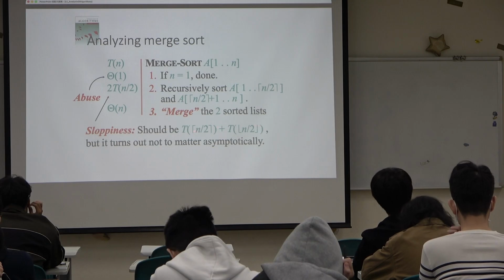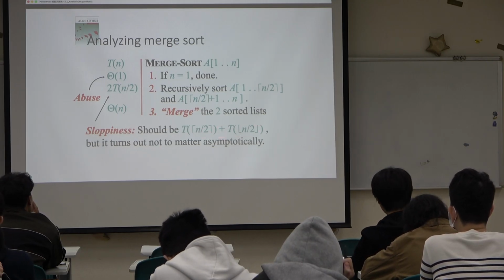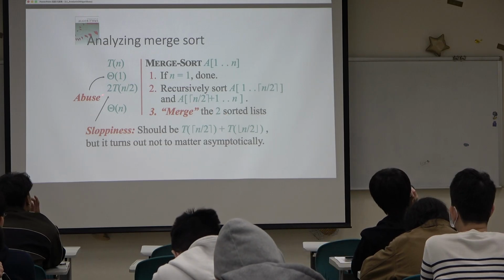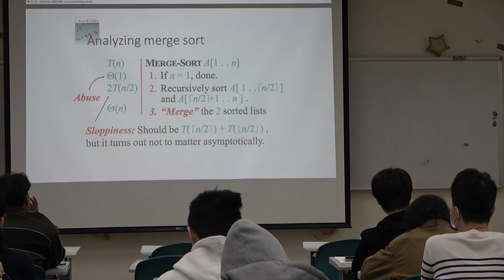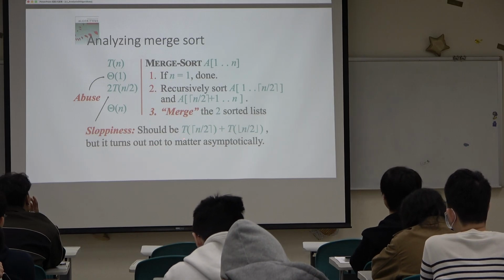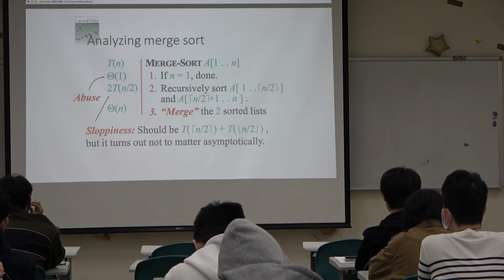But they are close to n divided by 2, so we just write 2 times T of n divided by 2. You can prove that it does not affect the asymptotic analysis, but I will skip that.